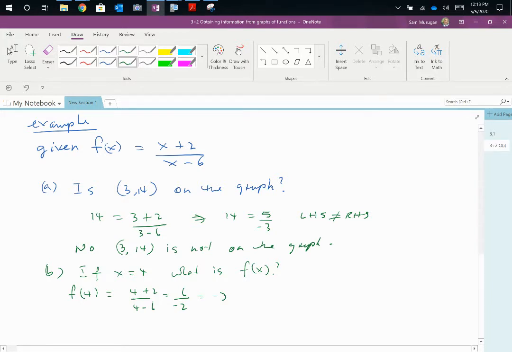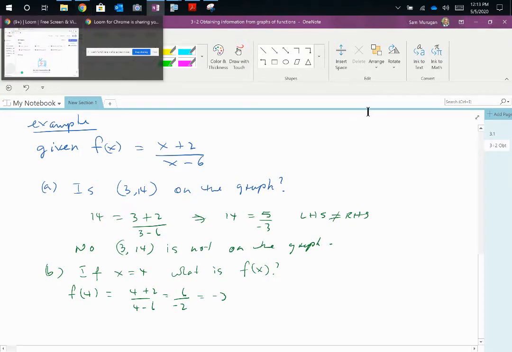So f(x) is equal to -3, and that point is at (4, -3).